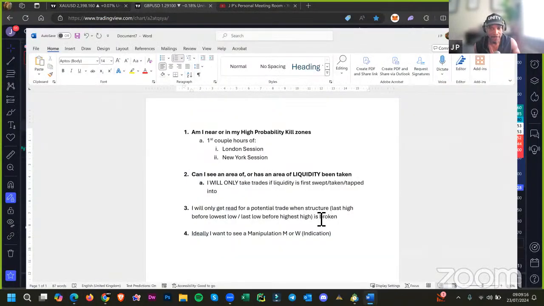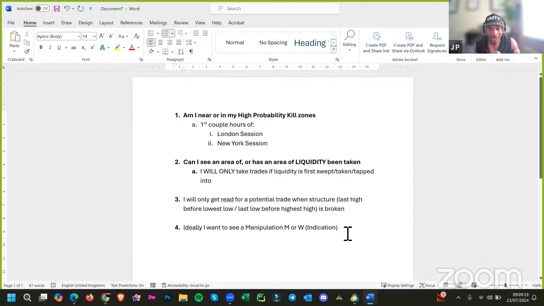Ideally, I want to see a manipulation M or W, i.e. indication. I then must see the leg out break structure, the middle point of our M or W. I must see it.